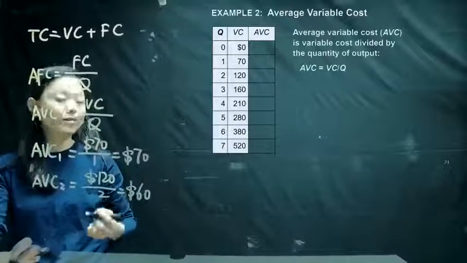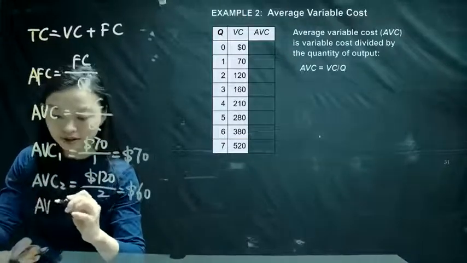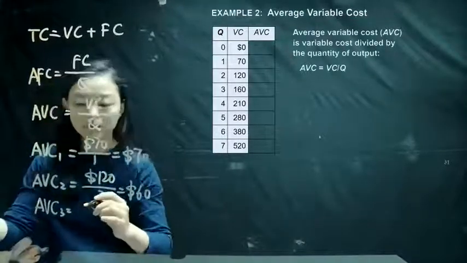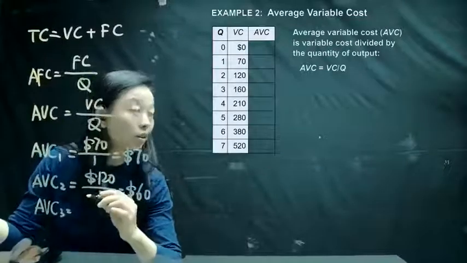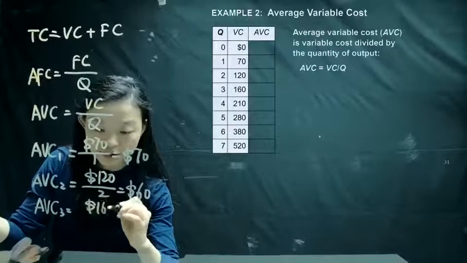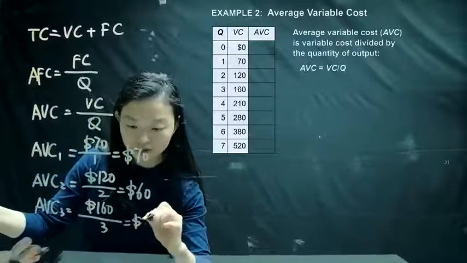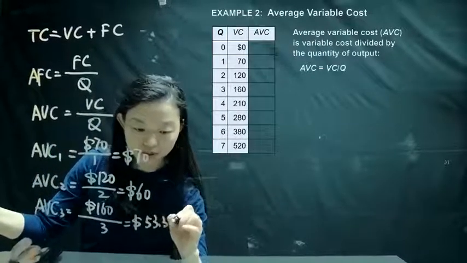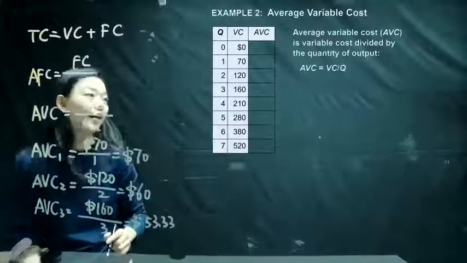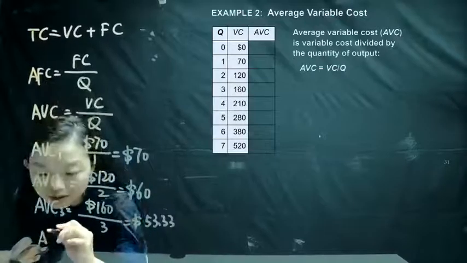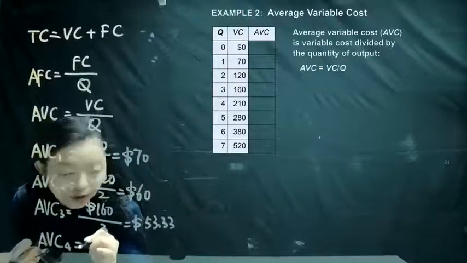And how about the average variable cost when there are 3 units of output? The variable cost of 160 divided by 3 is 53.33, etc. Okay? And then we can get the average variable cost when there are 4 units.